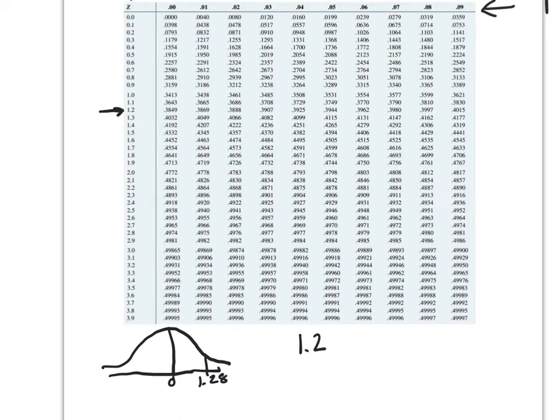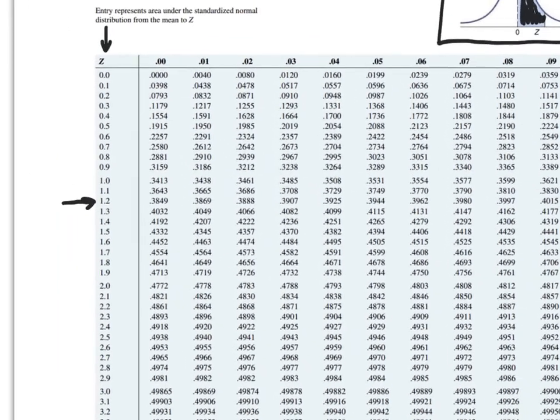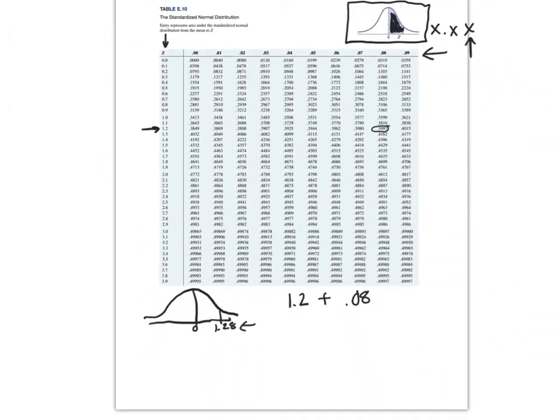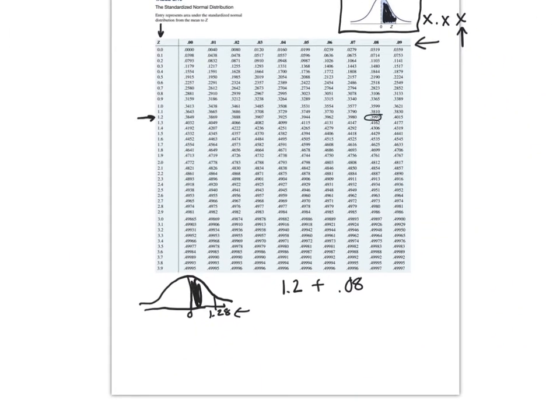And then you go across the row at the top, and you're going to look for 0.08. Because if you add these two numbers together, you get 1.28. So let's look to see where they intersect. 1.28 will be right there. And that would be the area underneath the curve, or the probability between 0 and 1.28.